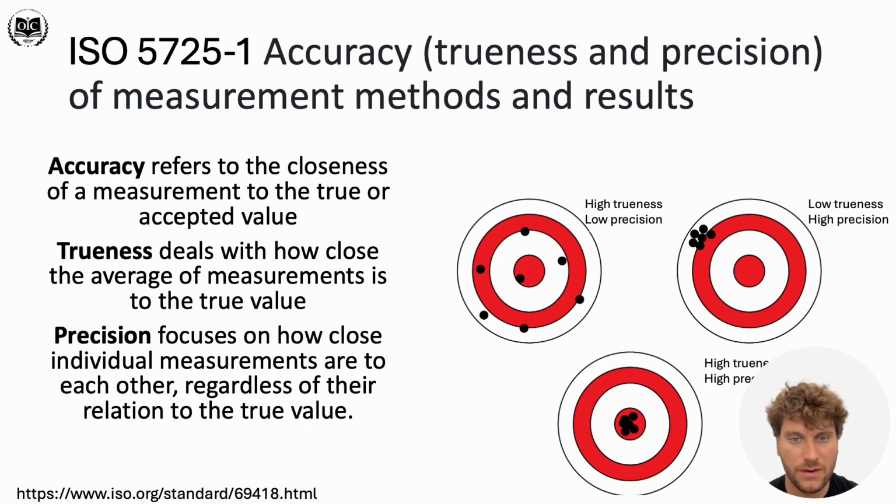As you see from the image, we can have highly true results coming out from our scanners, but with low precision. So the average value will be quite accurate, but every now and then you'll get deviations that could significantly impact the overall success of the restoration.